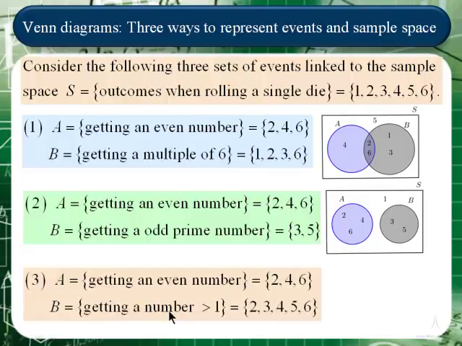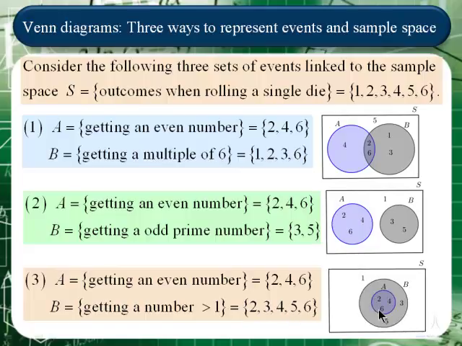The third possibility that we can get, if we consider the event A of getting an even number again, and let B be the event of getting a number greater than 1, so here we will have a set containing the outcomes 2, 3, 4, 5, and 6.